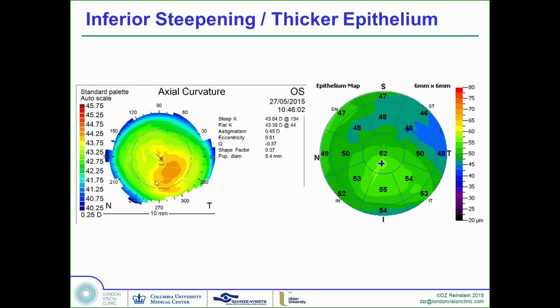There is no way there could have been a subsurface cone with thicker epithelium over this region, and therefore there was no way of determining why this cornea was going to become ectatic. Certainly not from a pre-existing keratoconus.